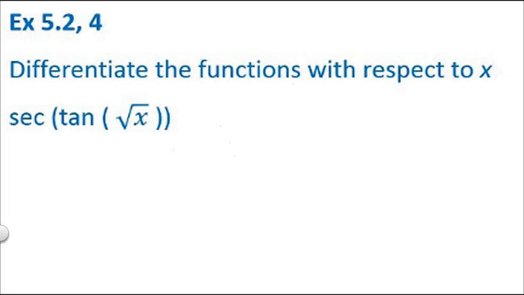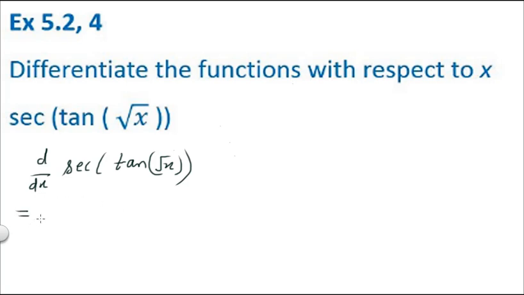which is question number 4 of exercise 5.2. In this, you have to differentiate secant of tan under root x. The angle inside secant is tan under root x and the angle inside tan is under root of x. So you will write d by dx of secant of tan of root x.